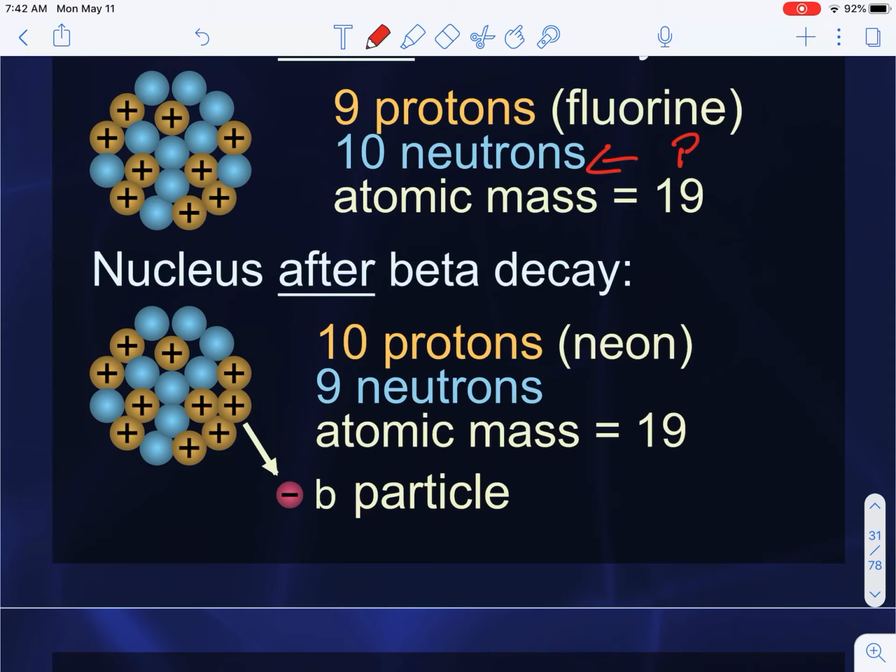A proton and an electron, because a proton and an electron gives you a neutral charge. The electron's given off. You see this beta particle down here? It's basically an electron with no mass, but it's not coming from the outside, from the electrons that are circling. It's coming from the inside of the nucleus.